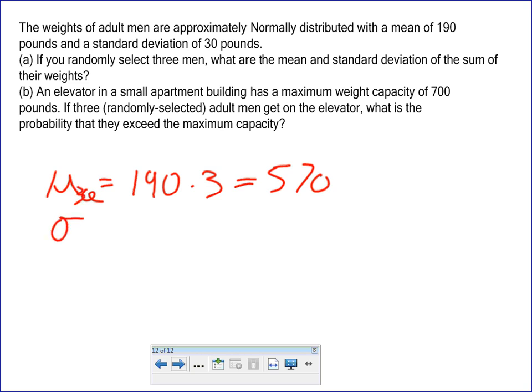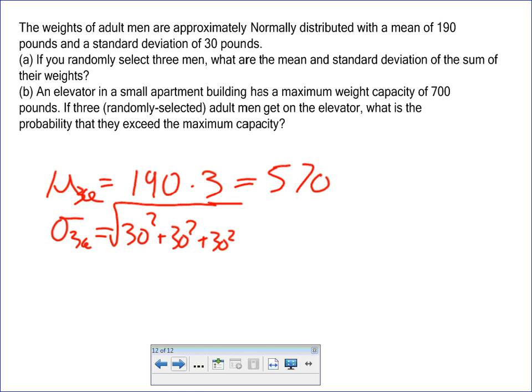But the standard deviation of the 3 adults is tricky. It's going to be the square root of 30 squared plus 30 squared plus 30 squared, because we do not add standard deviations, we add variances. So you could also do 3 times 30 squared.